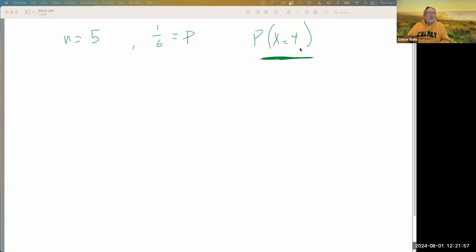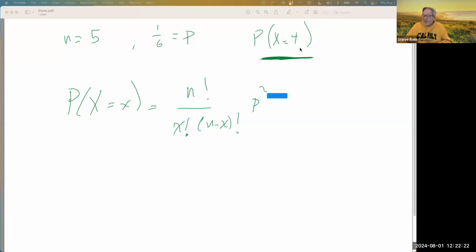So with the binomial probability distribution, we would say the probability that the random variable x, the number of 3s, is any particular value, lowercase x, is just n factorial over x factorial, n minus x factorial, and then we're going to multiply that by p raised to the power x, and then 1 minus p to the power n minus x.